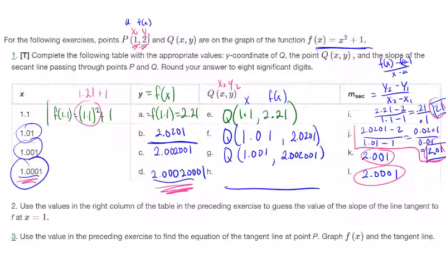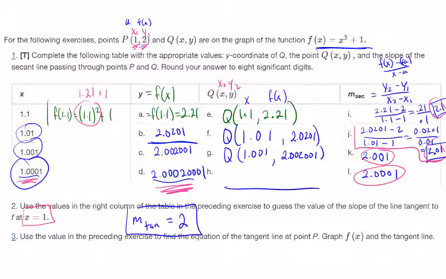So what would you guess would be the slope at x equals 1 if you get exactly at 1? What do you think is going to happen? And that's right. If you thought it's going to be 2, you're exactly right. So the slope of the tangent line would be 2. Okay, that's a pretty good approximation, or a good guess. All right. Okay, and so that's all we have to do in number 2.